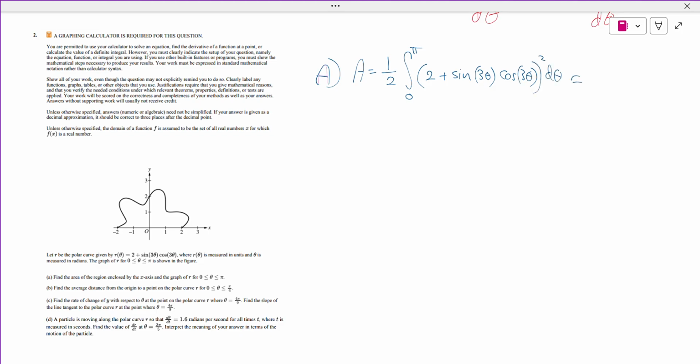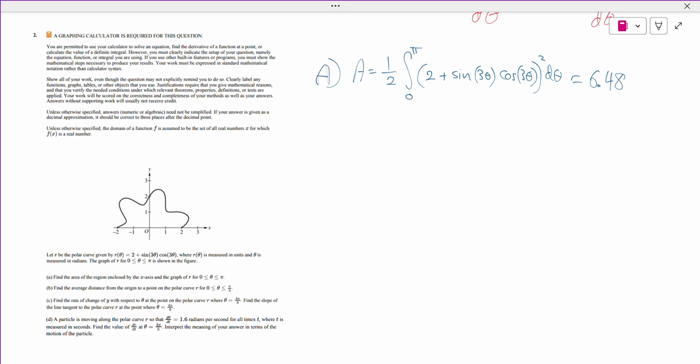Using the calculator, this directly equals 6.48. This is the area of the region.